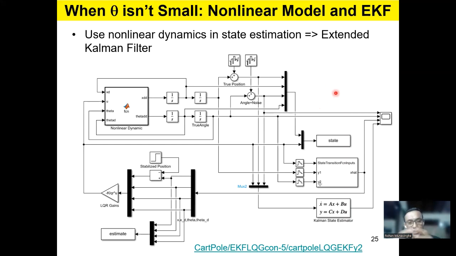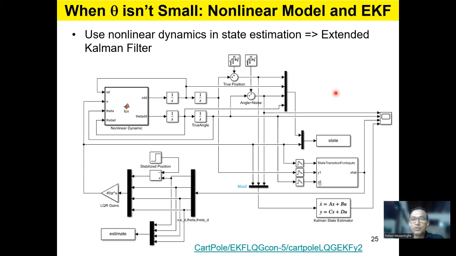Now, the next step is to replace the Kalman filter with what is known as the extended Kalman filter. So we are getting one step further into making the system more versatile, more capable.